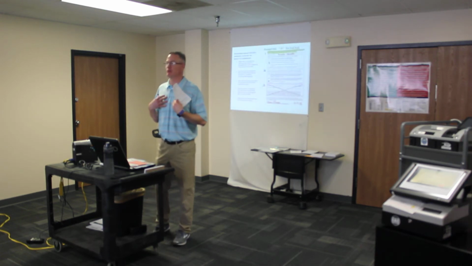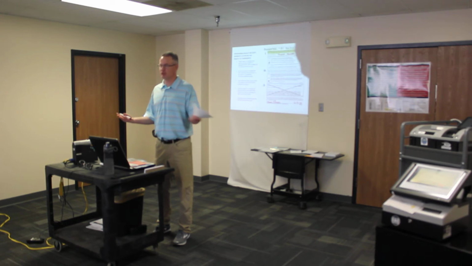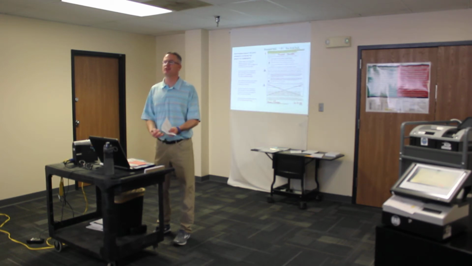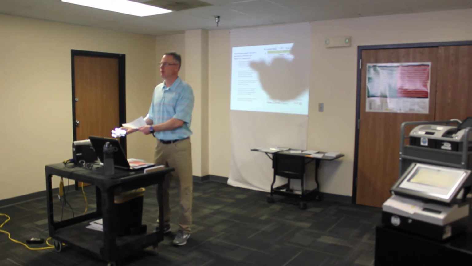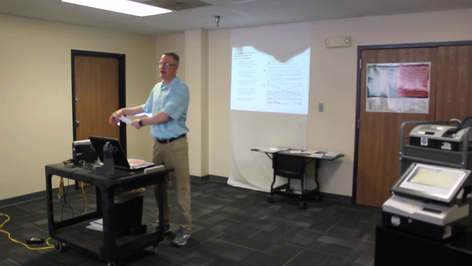If we don't have her original ballot, guess what? That one's going to count, right? If we do have her original absentee ballot, then this one she just did will not count. And we'll send Susan a letter in the mail telling her, Susan, on May 5th we received your absentee ballot. Therefore, the provisional ballot you cast on June 5th did not count. We will only send letters to voters whose provisional ballots did not count.